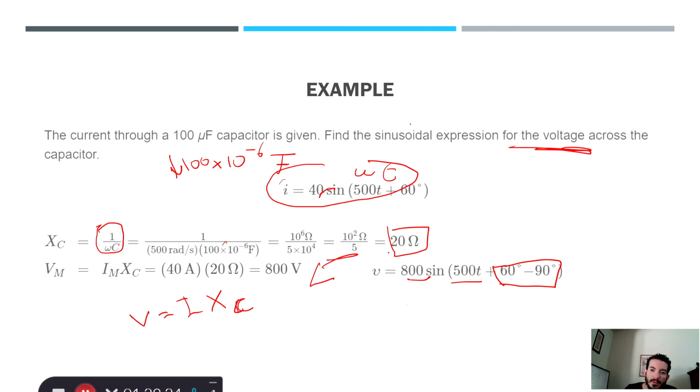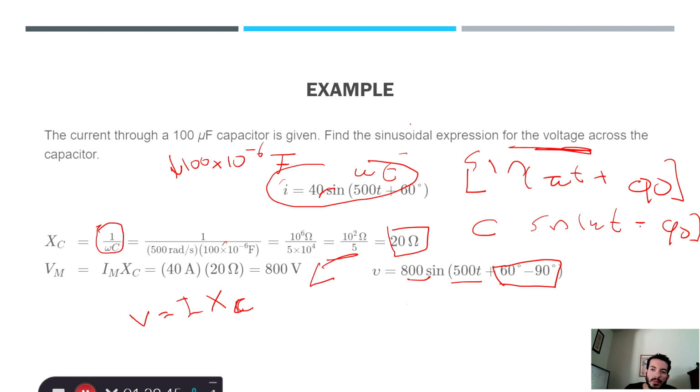I know that because the rule of thumb is that when you have an inductor, you do sine omega t plus 90. When you have a capacitor, you do sine omega t minus 90 on your phase. So in this case, my phase was 60 and then minus 90 because it's a capacitor.